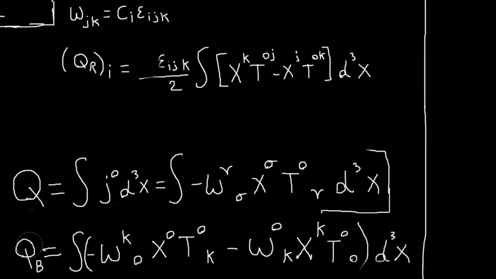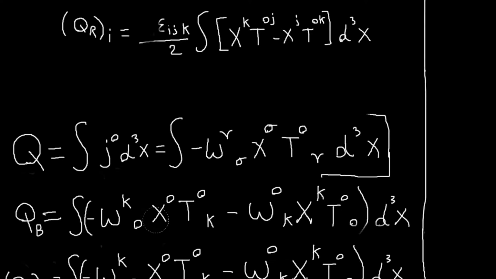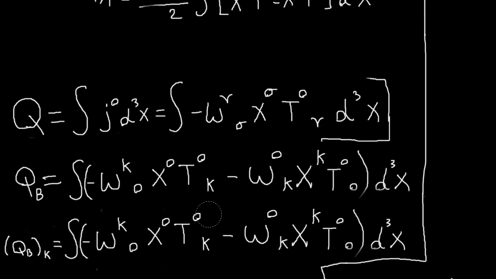So remember, we should have one charge for each boost. So we have the sum over k, so we can just immediately identify that the conserved charge for a boost in the, we'll say, kth direction is this.